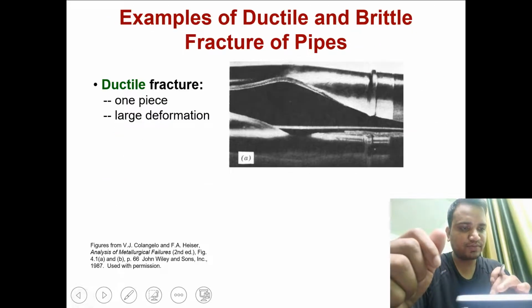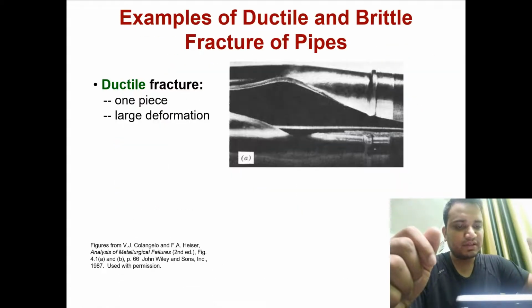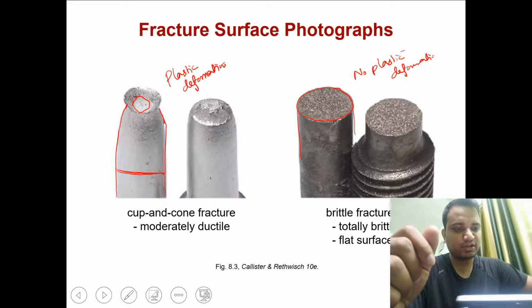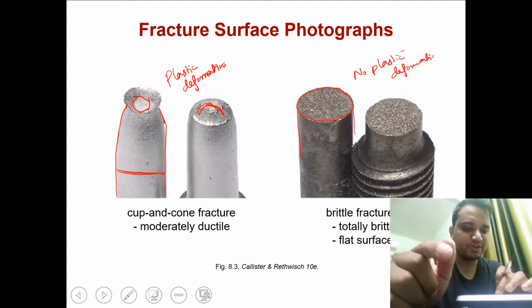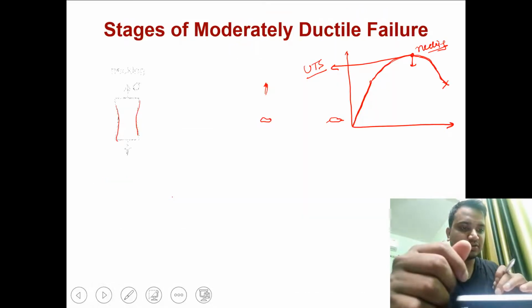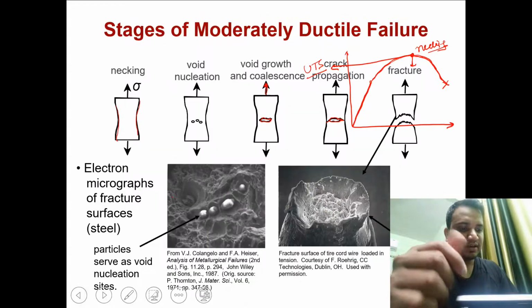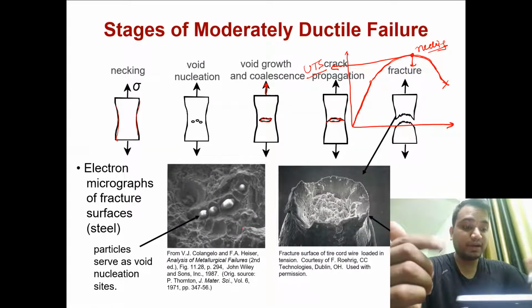I will just show you the ductile one. See, this is also cup and cone. This surface is like a cup and this is like a cone. This is the broad picture, and if you see at the microscope level, you will see it like that. These are some of the micrographs.